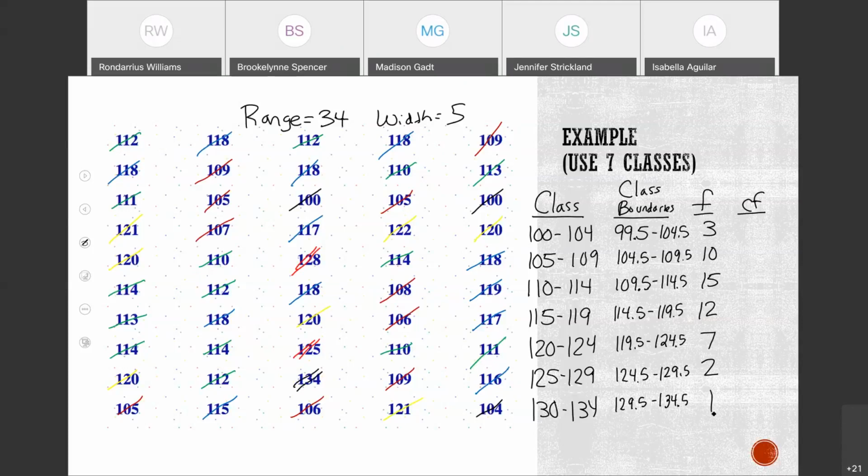Okay, so now I'm going to check and make sure that everything is marked off. I think I've got everything marked off. I'm going to add up that column just as a second check. Okay, 13, 28, 47, 48, 49, 50.